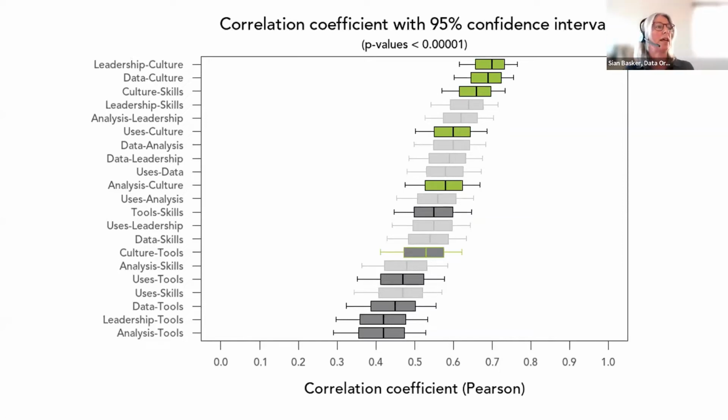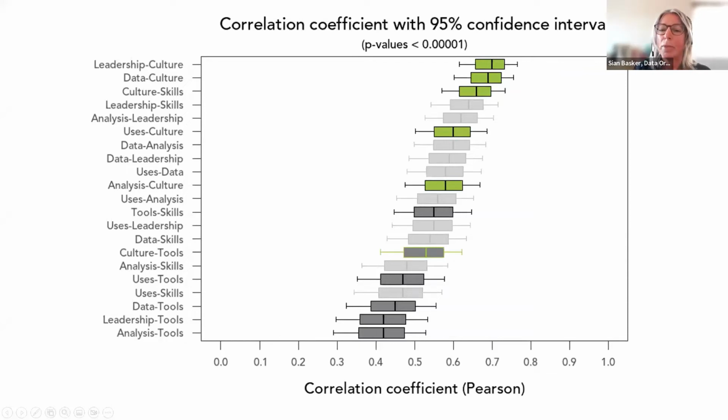So what does this chart tell us? First of all, we have focused in on culture, so any of these pairings that involve culture, we've highlighted in green. The top 3 most significant relationships are between culture and leadership, culture and data, and culture and skills.